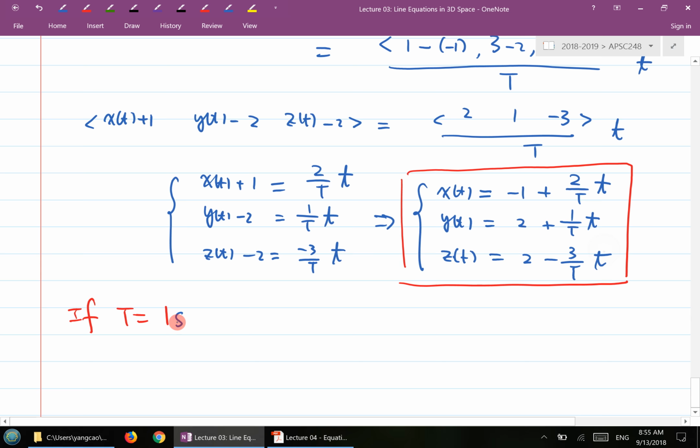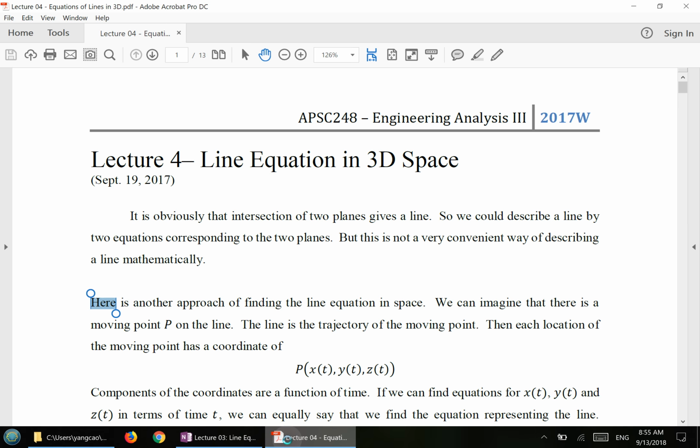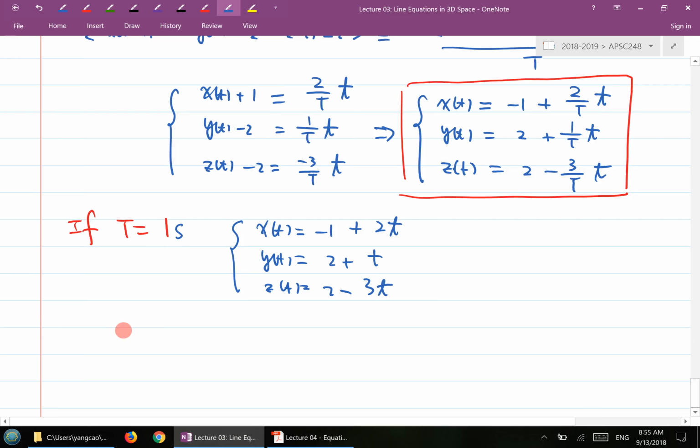So if I let the capital T be 1, then this line equation becomes what? x of t equals -1 plus 2t, y of t equals 2 plus t, and z of t equals 2 minus 3t. That's easy, right? So how about letting t equal 0.5 seconds?